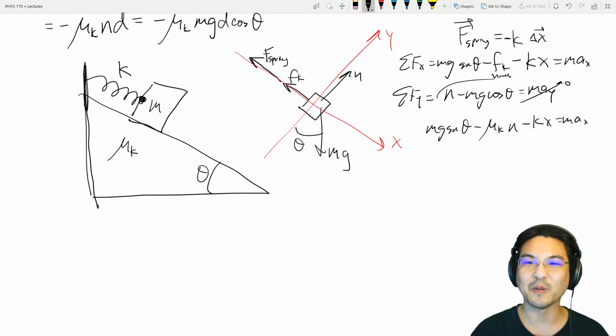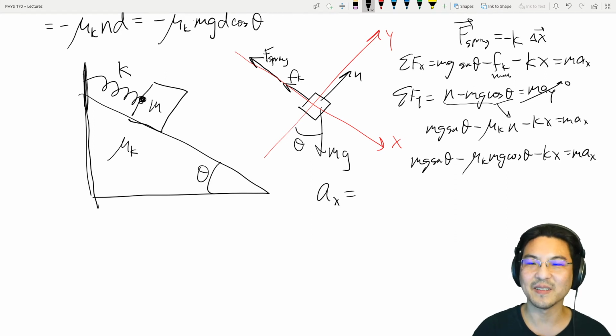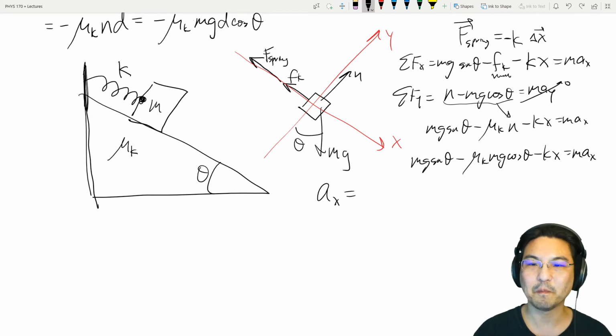And then from this equation, n minus mg cosine theta equals 0, which means n equals mg cosine theta. Okay, so then we can solve for the acceleration. Acceleration is, mass is non-zero, so I can just divide both sides by m.